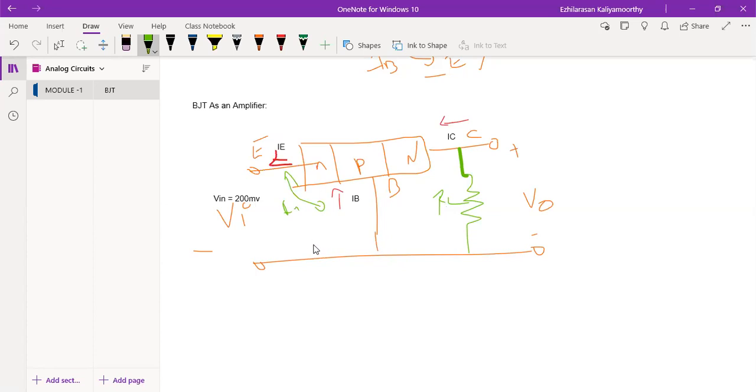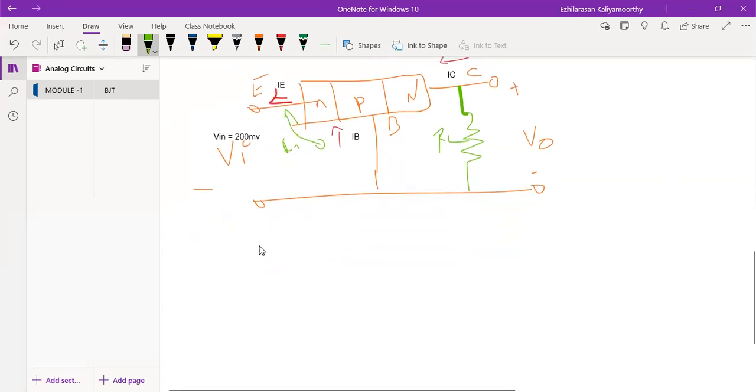First, let us consider the input side. For the input side, let me consider the slope. The input is nothing but the emitter current, right? As the input voltage increases, as soon as it reaches VTH, you get a slope like this.